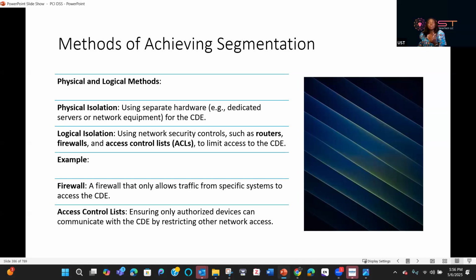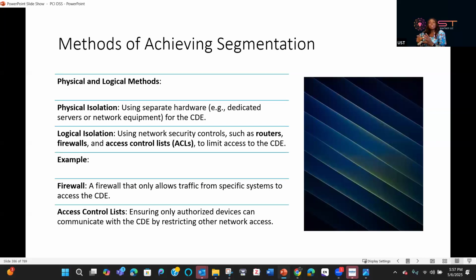What of logical isolation? It means using network security controls such as routers, firewalls, as well as access control lists to limit access to the CDE. In the course of doing that, remember we also spoke of VLANs, virtual local area networks, right? And then, for example, a firewall that only allows traffic from specific systems to access the CDE.